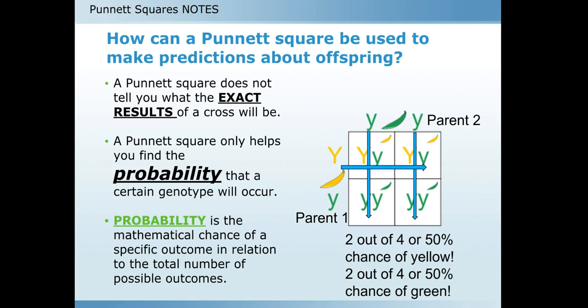In this case, for the genes from the parents we see here, there's a 50% chance that we'll get a yellow pea pod plant and a 50% chance we'll get a green pea pod plant. We have 2 out of 4 that are yellow. We have 2 out of 4 that are green. So we're looking at all the possibilities of how the parents' genetics will cross, because you get one allele from each parent. Everybody has 2 alleles for every trait. You get 1 from each parent. So we're just looking at all the possible ways they could combine.